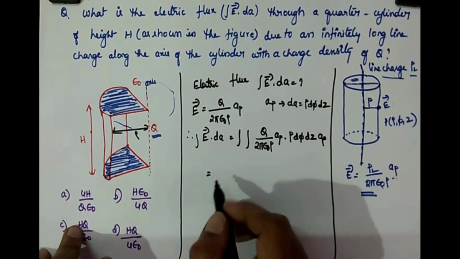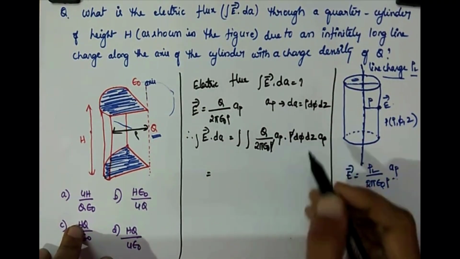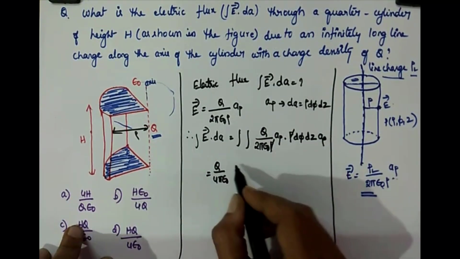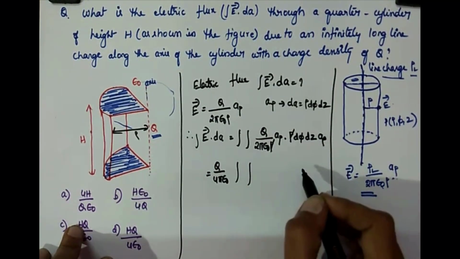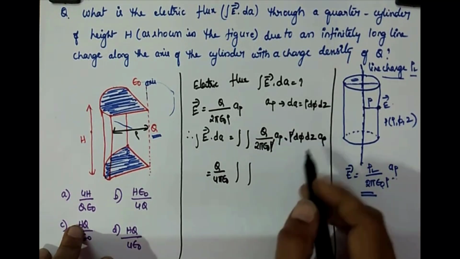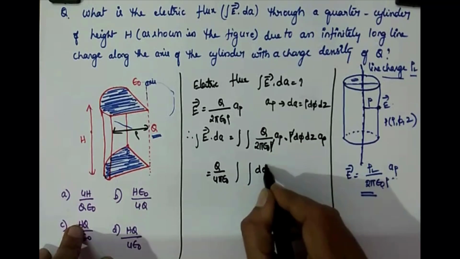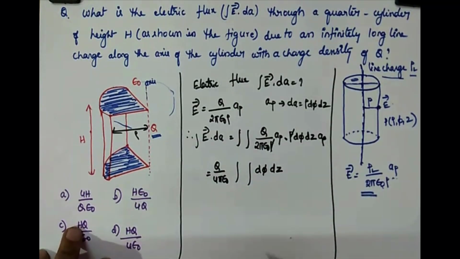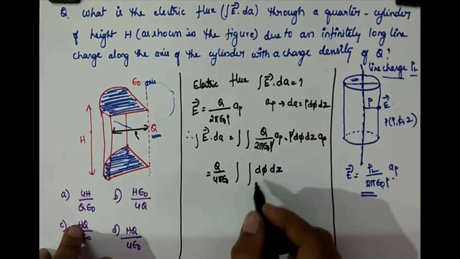Now rho gets cancelled. Write Q by 4 pi epsilon naught here. A rho dot A rho is 1, so you'll be left with only d phi dz. What are the limits now?